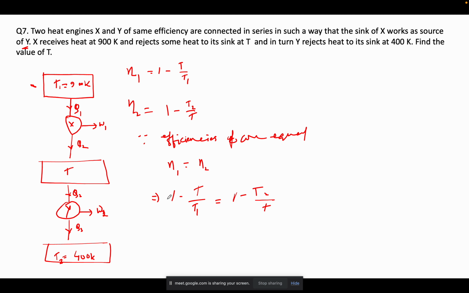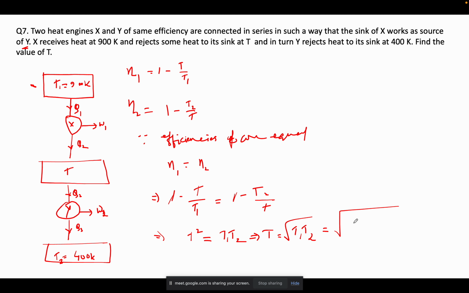Okay, 1 got cancelled, negative I can make positive, so I will get T square is equal to T1 into T2. So that means T is equal to root over T1 into T2. So if they have same efficiency, then the intermediate temperature is basically the geometric mean of the temperatures of the source of the first engine and sink of the second engine.